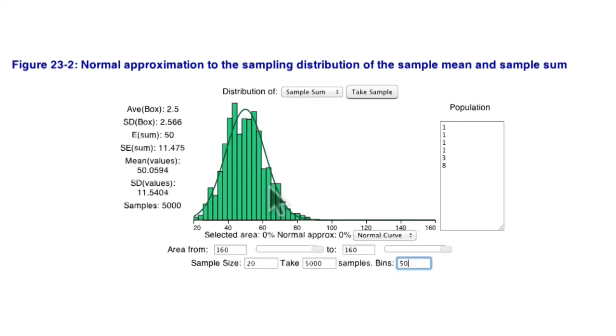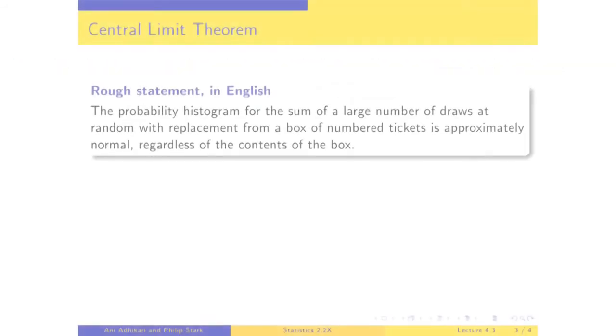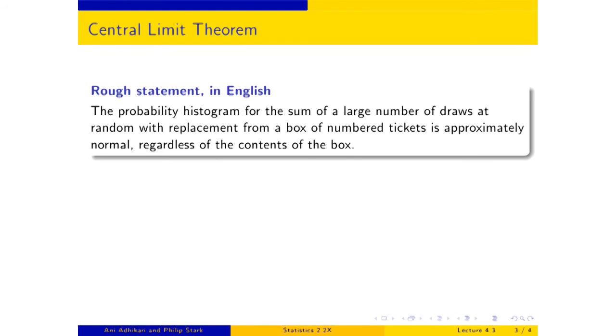Better with more trials. You've got a limit theorem. That's what you've got. And you've got the best of all limit theorems in the subject. And that theorem is called the central limit theorem.